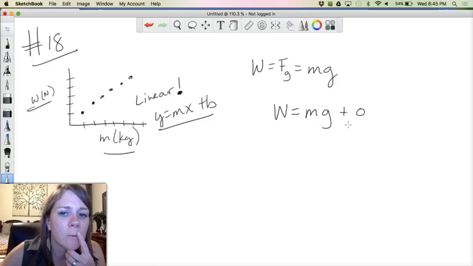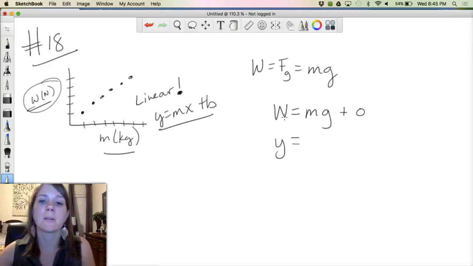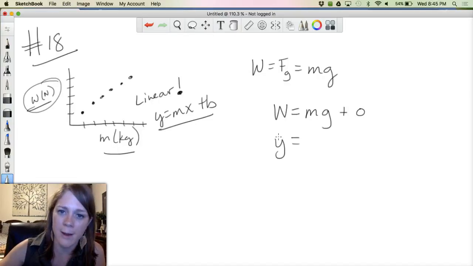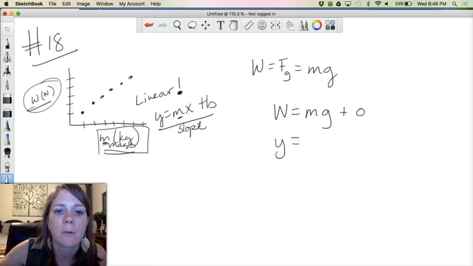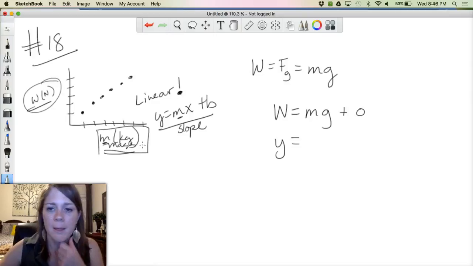I need to rearrange this equation so that I have weight on my y. The equation's already set up with weight on the y. What did I plot on the x? I plotted the mass. Do not confuse this m with this m. This is slope. This is mass.